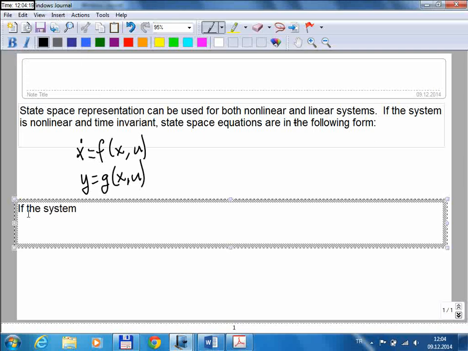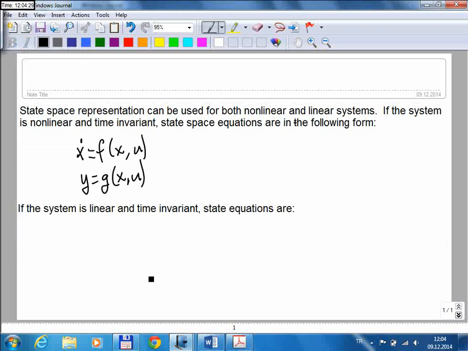If the system is linear and time invariant, state equations are in the following form. We can write this in the matrix form as x dot is equal to ax plus bu.